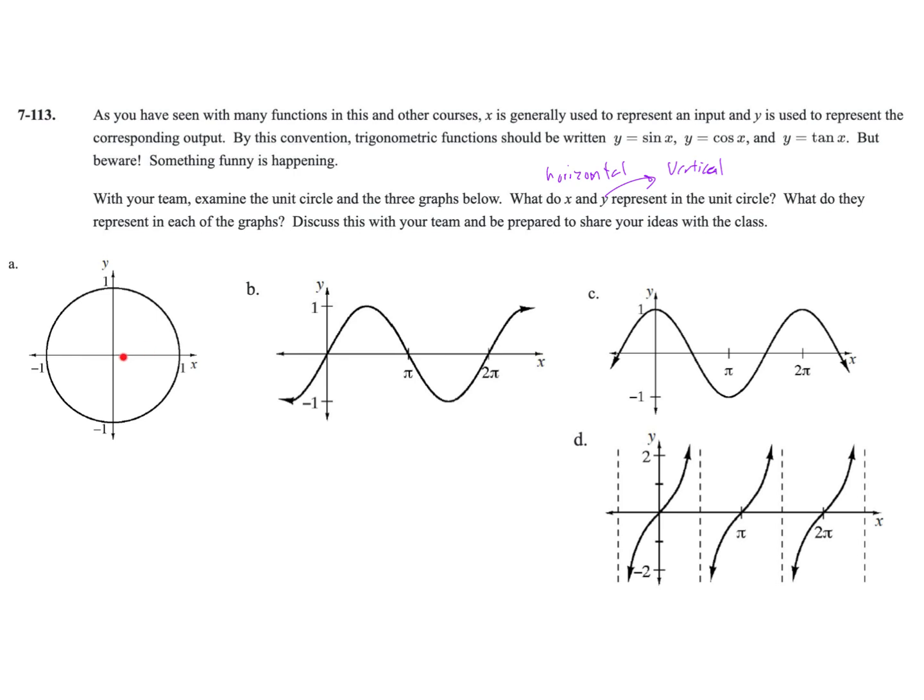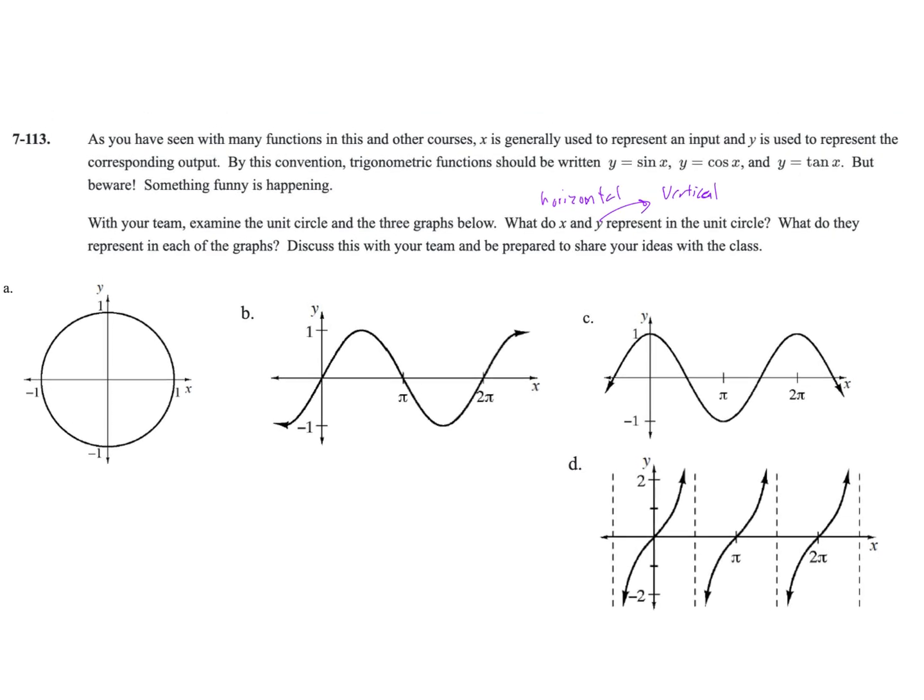So basically, the unit circle's x is just that horizontal distance, and the y is the vertical, and that's still the same. But on the graph, the x represents the radians, or the radian distance. You could actually do this in degrees as well, but on these three specific graphs, it is all talking about the radian distances.